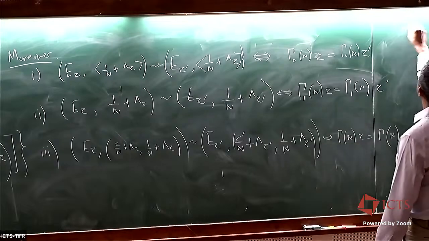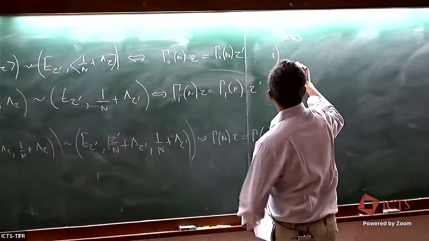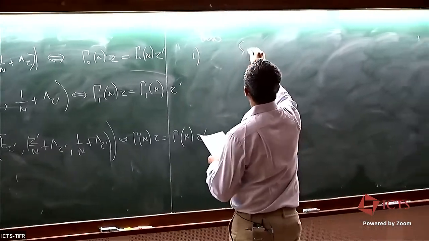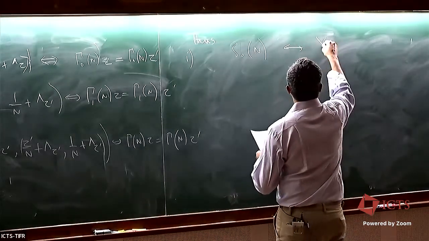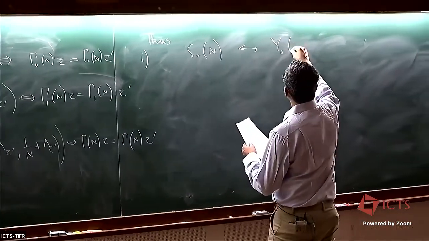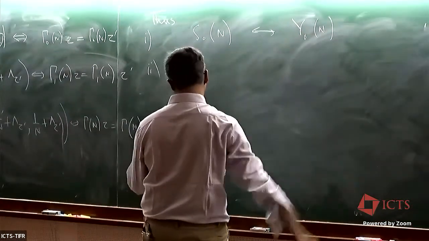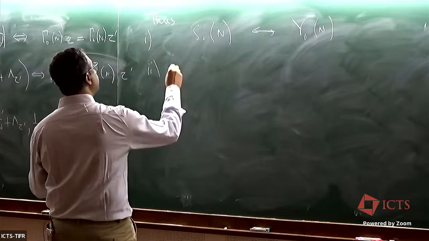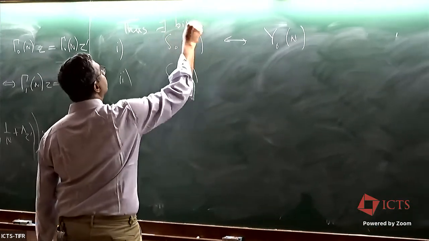Thus, this is all part of the statement of the theorem. In case 1, you have a bijection between S naught n and Y naught n. Y naught n was H modulo gamma naught n. I just erased it. Similarly, S1 n. Thus, there exist bijections. I hope you can read this.